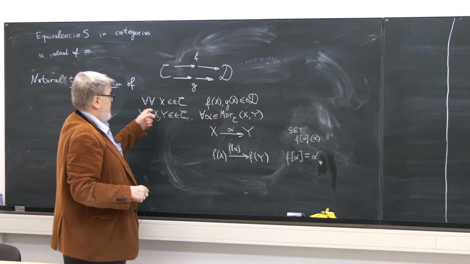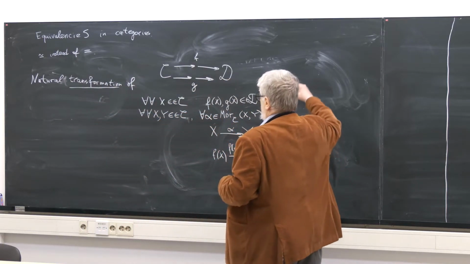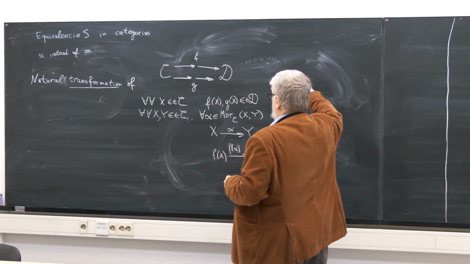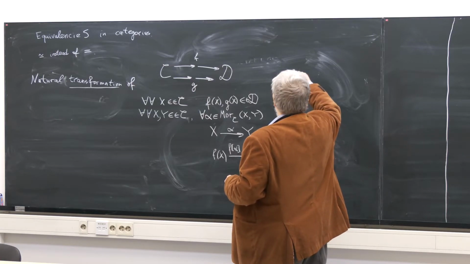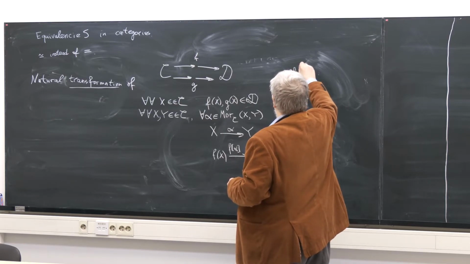However, here, if these data are given, we have an obvious square. Let's write it down. So there are f of x.